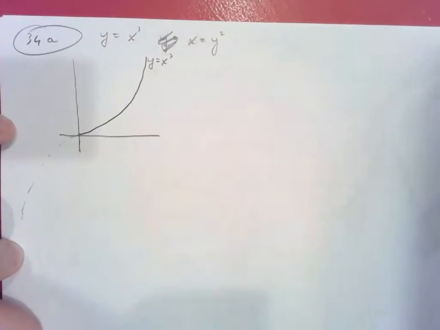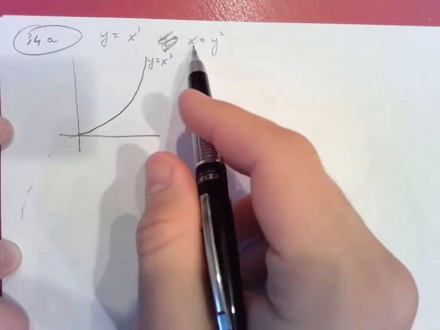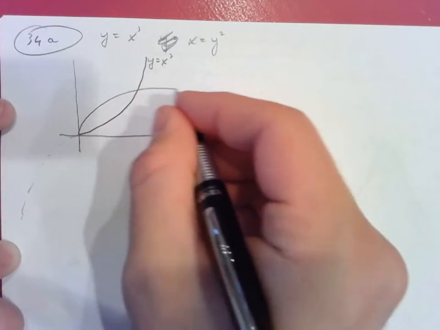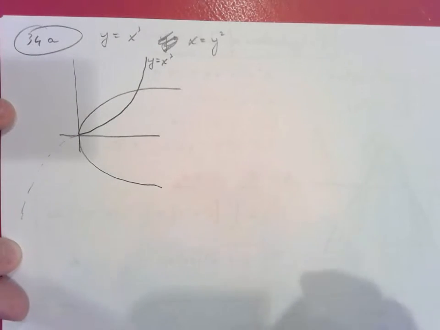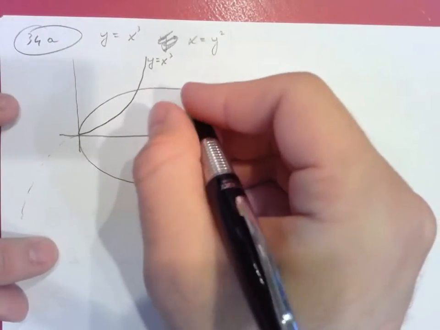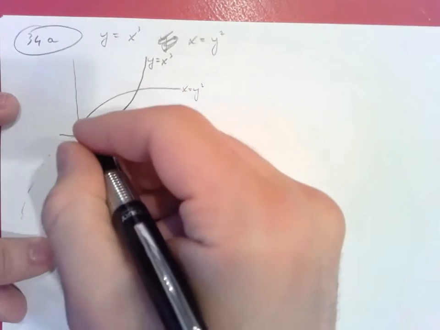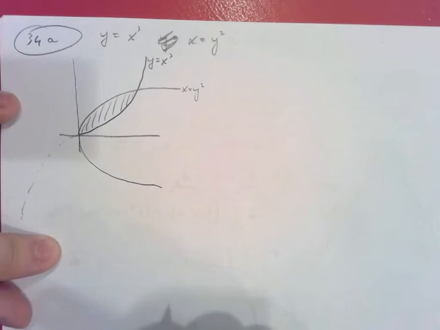Whereas x equals y squared would simply look like this. It would be a parabola, but it would be on the x-axis. So here is the region that is going to form the base for our solid.